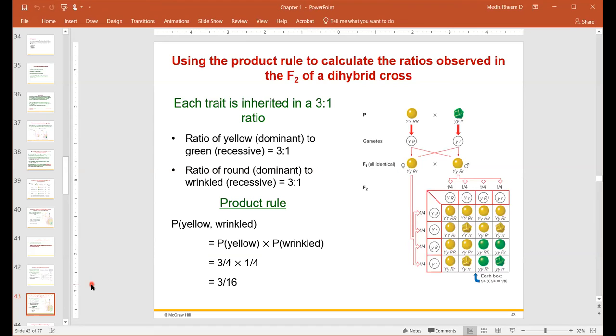You start with Yy Rr and you cross that. You're doing this cross. If you just separate these out, you can do this separately. You don't have to keep them together. So now this one is going to give you a 1 YY to 2 Yy to 1 yy ratio, and this one is going to give you a 1 RR to 2 Rr to 1 rr ratio.